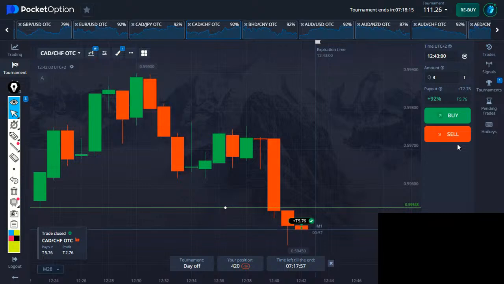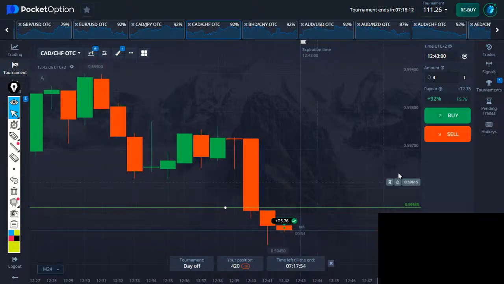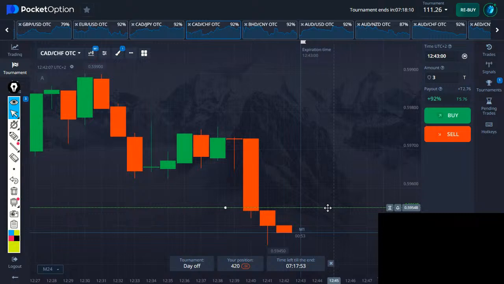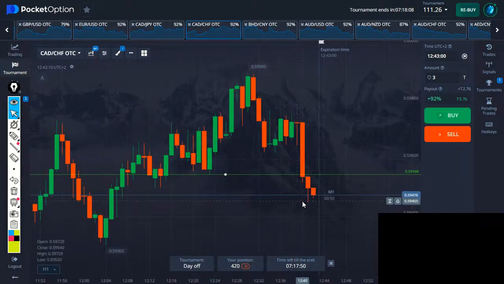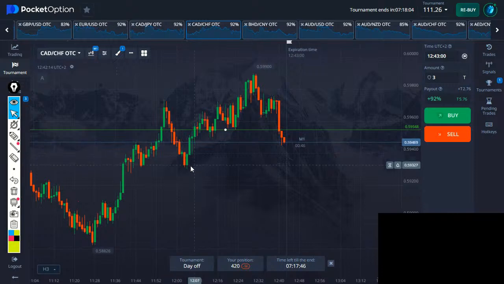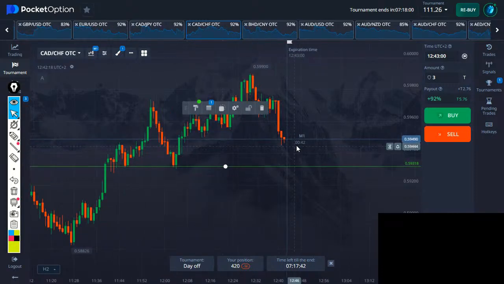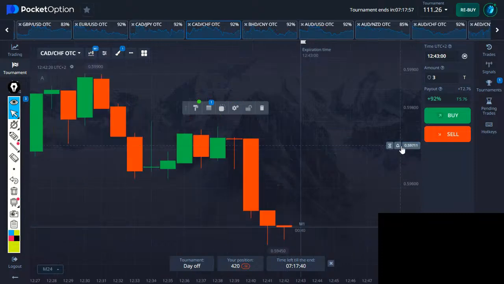Another gap up. I'll wait for slight push to the upside to take a sell. Since I see a rejection from this zone, we are getting closer to a powerful demand area. So let's see.